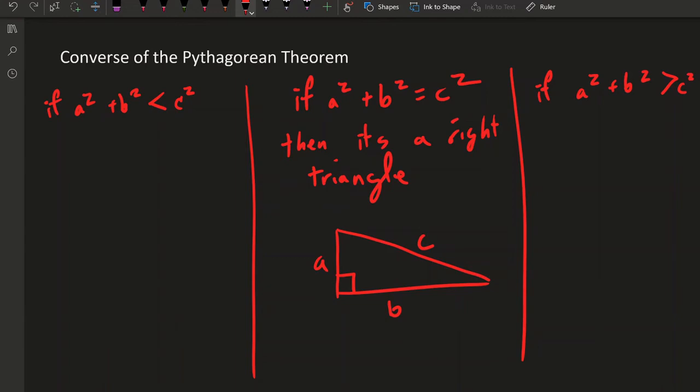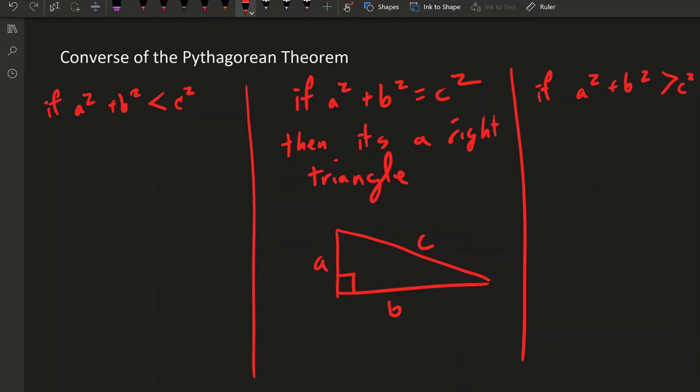So I like to think of this in terms of the hypotenuse. So in the middle right here, we have c squared being equal to a squared plus b squared. In this one, the hypotenuse is bigger.